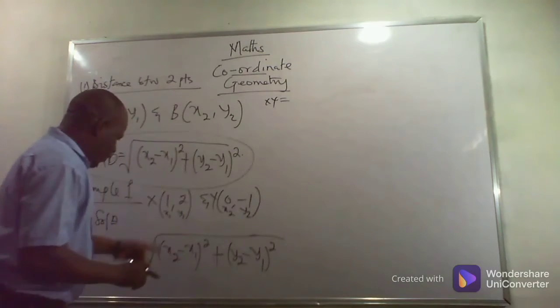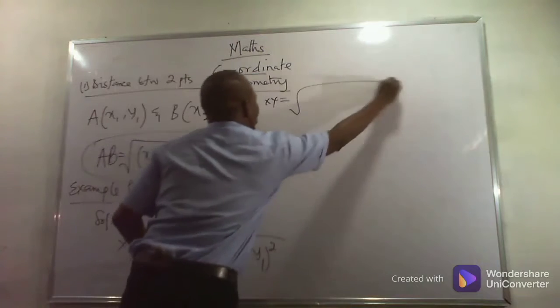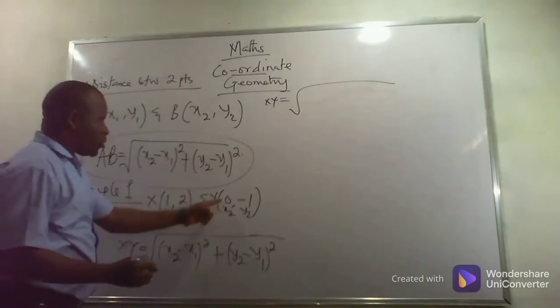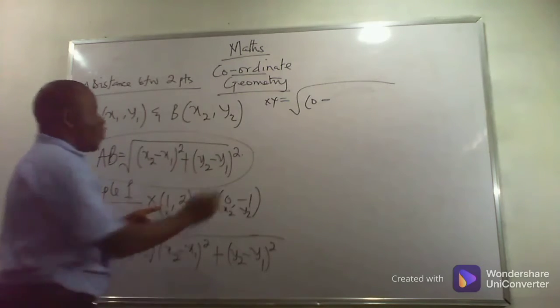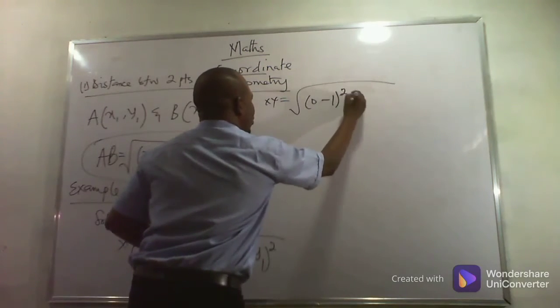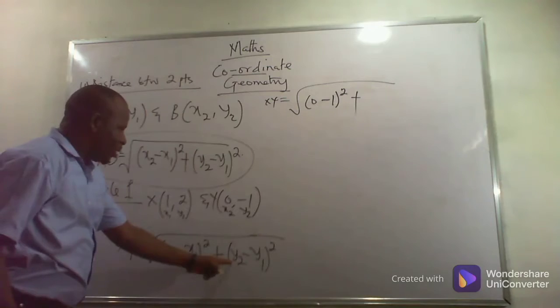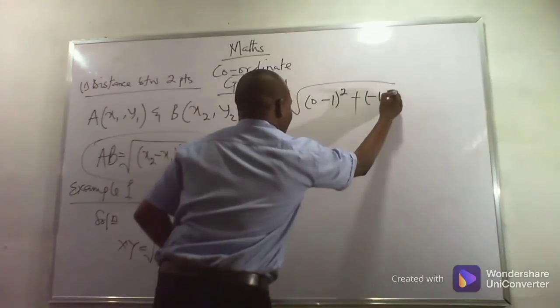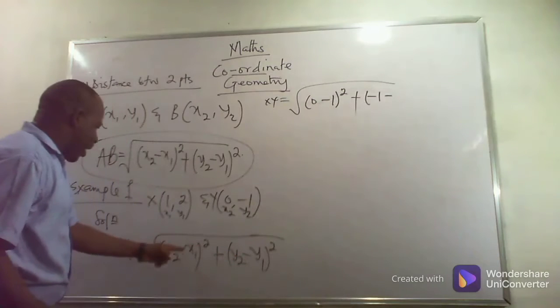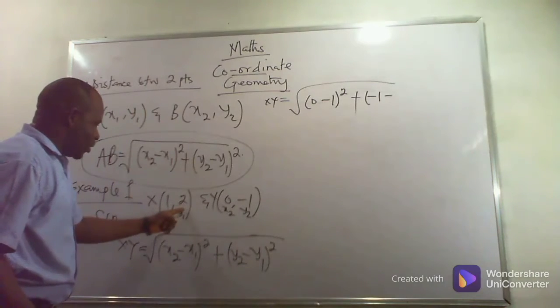So you have XY equals the square root of, what is your x2? 0, minus, what is your x1? 1, everything squared, plus y2, what is y2? Minus 1, minus, what is your y1?